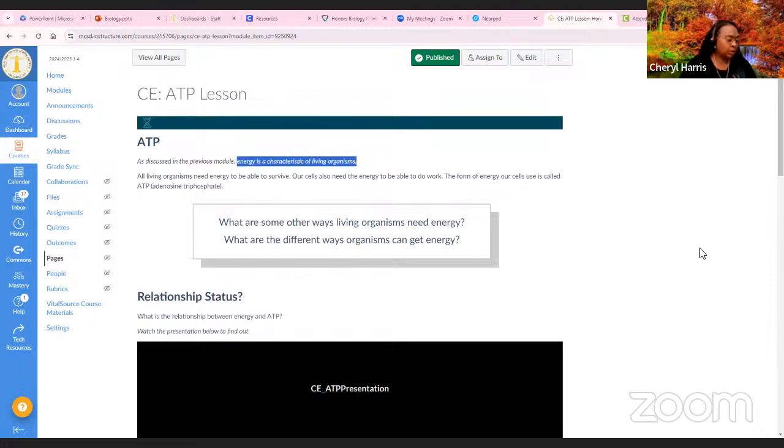And all organisms need energy in order to do all their life functions. So that's breathing and reproducing and growth and repair. All of those activities require energy. Okay? And they do it with this molecule. You need to know that ATP stands for adenosine triphosphate.